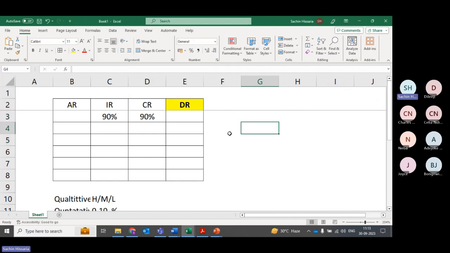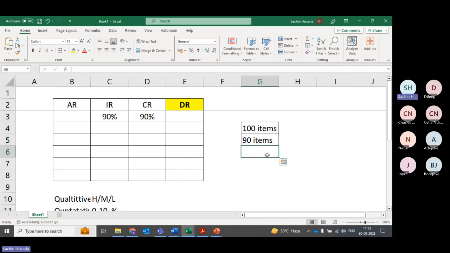Suppose you have to verify one process. In that process, there are 100 line items. Out of 100 items, suppose you have verified 90 items. Practically it is not possible because an auditor cannot verify 90%, but I'm just taking a hypothetical example.